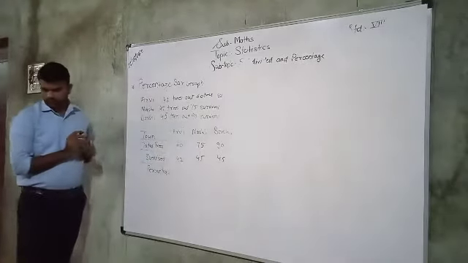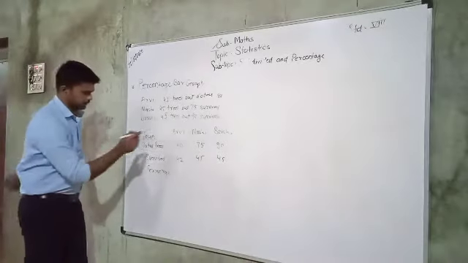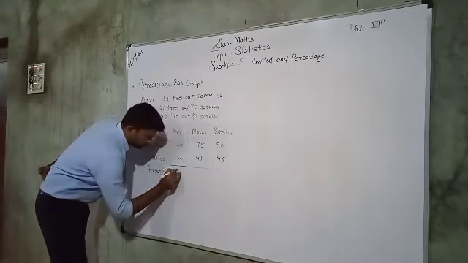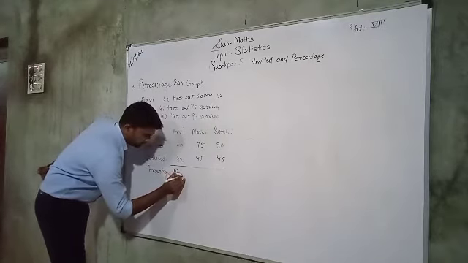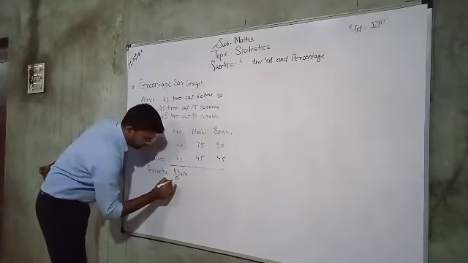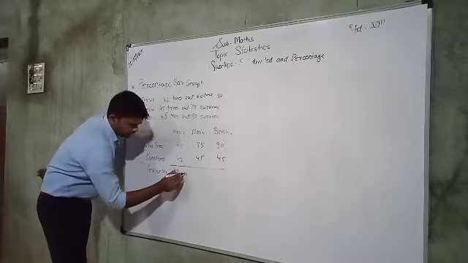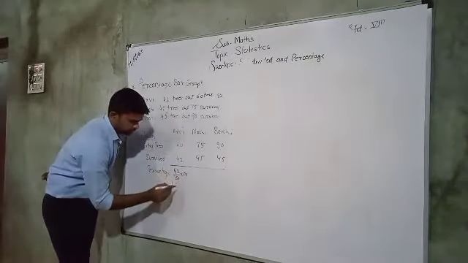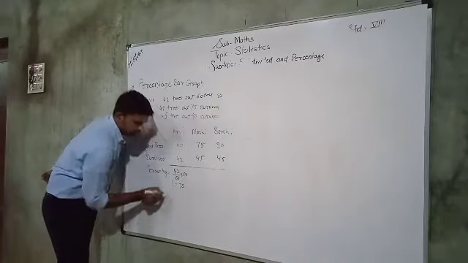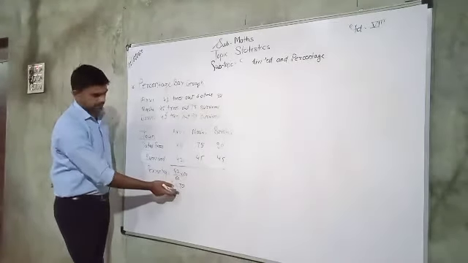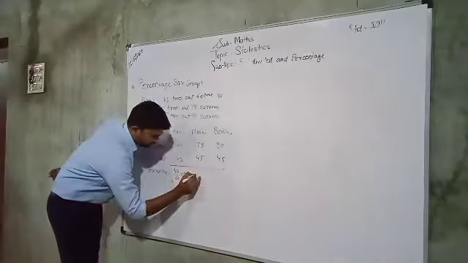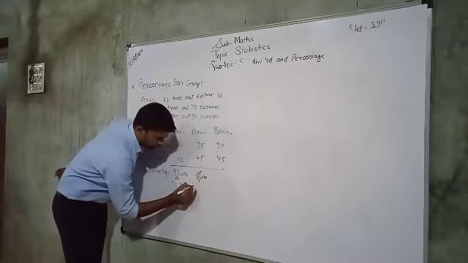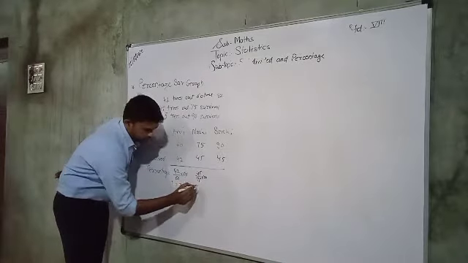Then we have to calculate the percentage. How will we calculate? 42 divided by 60 into 100. The zeros will cut, 6 sevens are 42, so 7 by 10 is 70. Then here 45 divided by 75 into 100 comes to 60.